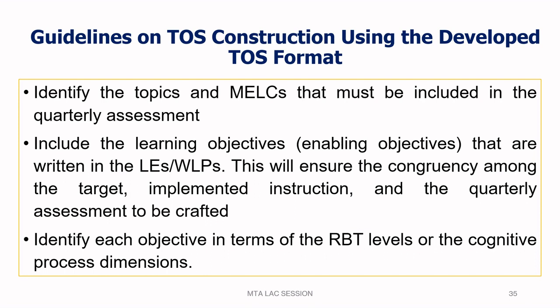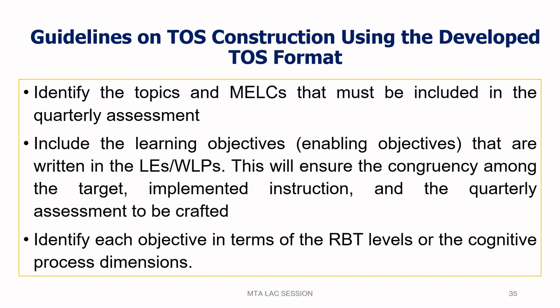For the second one, include the learning objectives or enabling objectives that are written in LEs and WLPs. So I repeat, any objective that you're going to include in your TOS should be coming from the learning exemplars or the weekly learning plans that you have used in your class, so that everything will be congruent.